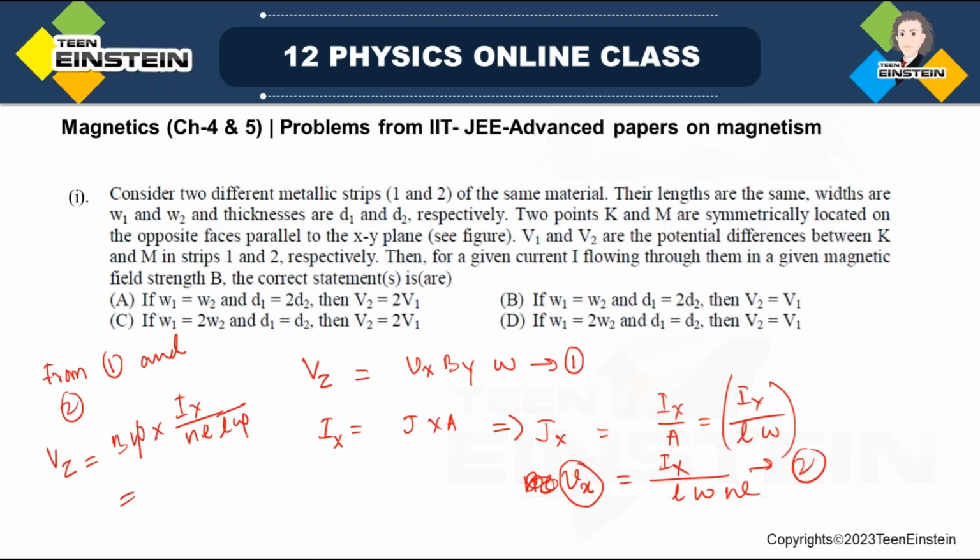Now see, w goes off. Okay, w goes off, and B, this is By obviously, and Ix, N into electronic charge, and this is L. Okay, so By Ix by N e L. So this is the Vz.